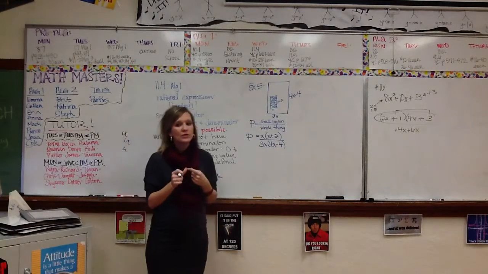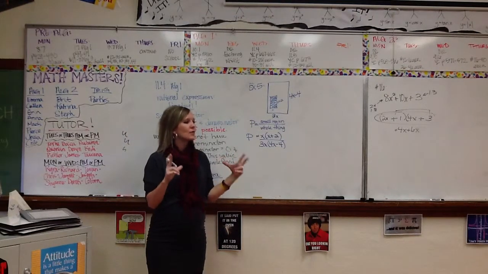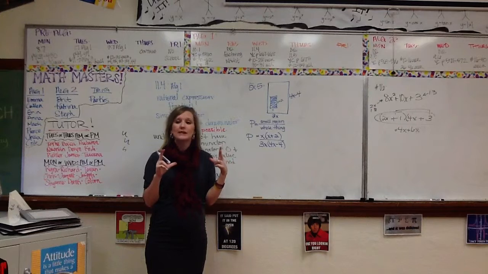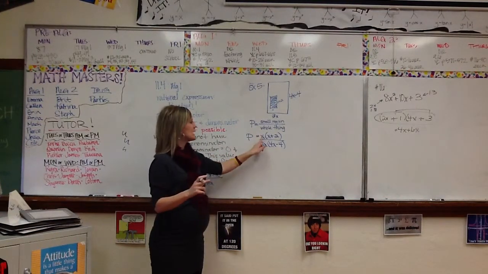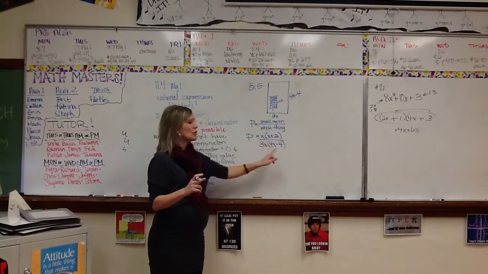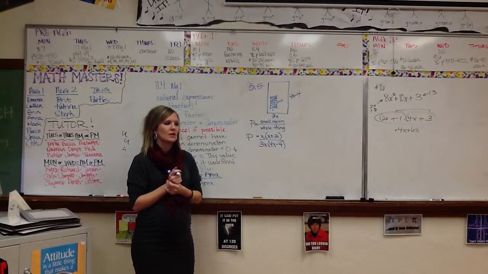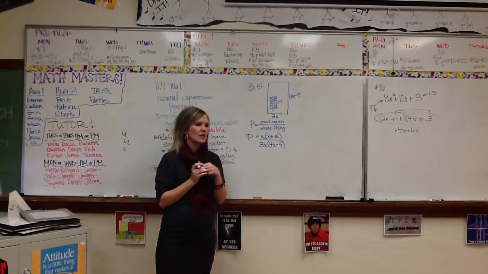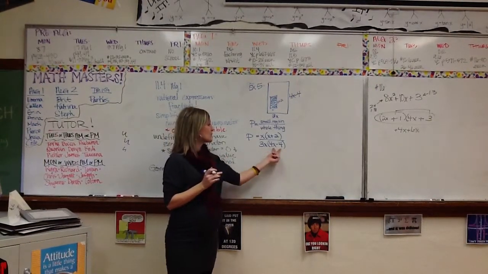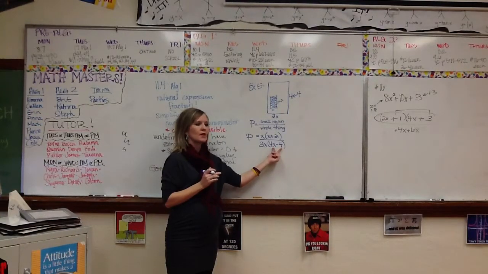Now remember what we're doing today. If we have a rational expression, we could possibly cancel it if everything is factored. Does anybody see anything here that could be factored? The 4x minus 4. Why could this be factored further? Two terms.